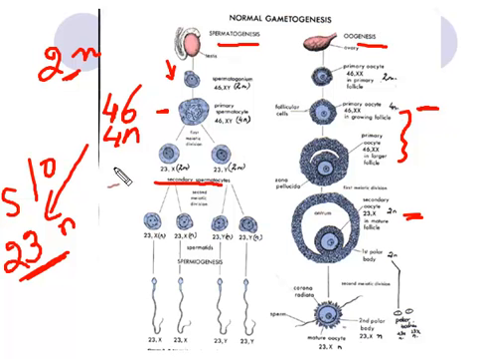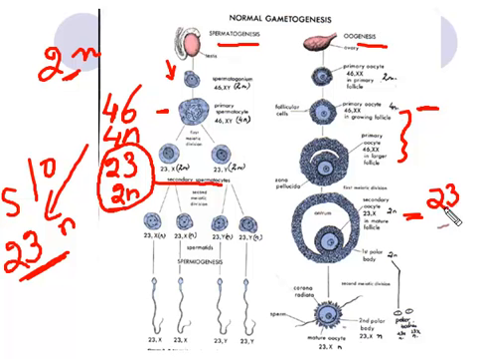So 46 chromosomes becomes 23 chromosomes, or 22 plus X and 22 plus Y in the case of the sperms, and 22 plus X in the case of the secondary oocyte, and the DNA from 4N becomes 2N. So this is what is seen in a secondary spermatocyte and in a secondary oocyte. So you have 23 chromosomes, of which one is a sex chromosome, and 2N DNA.